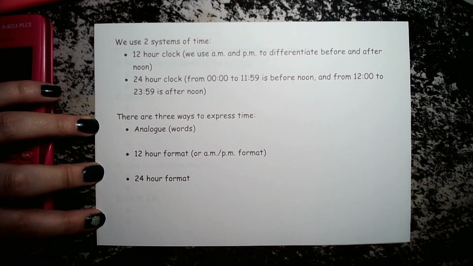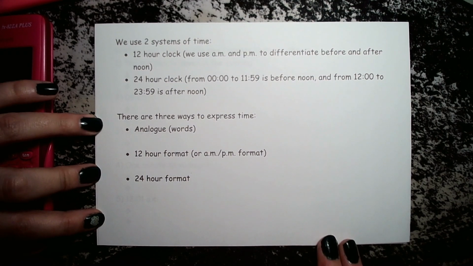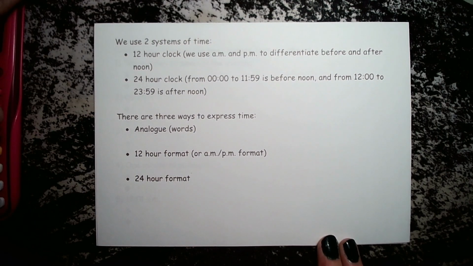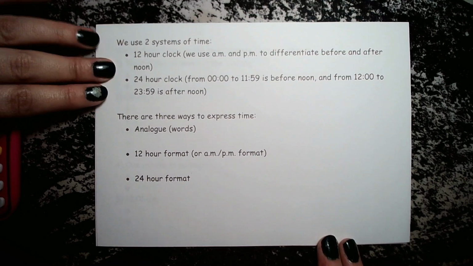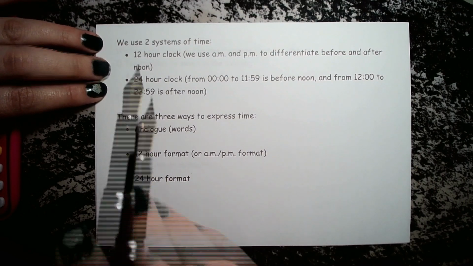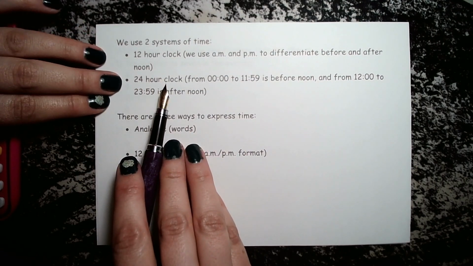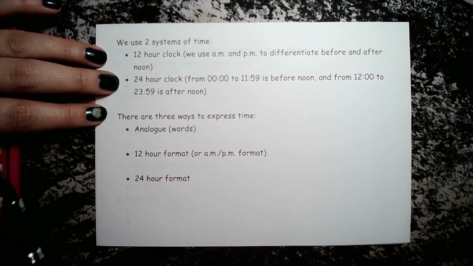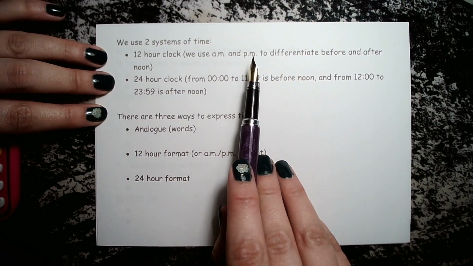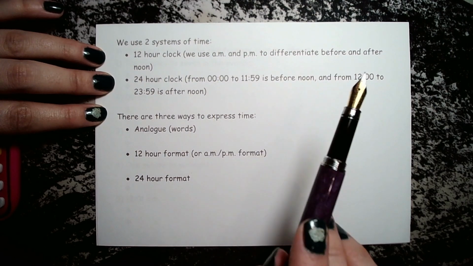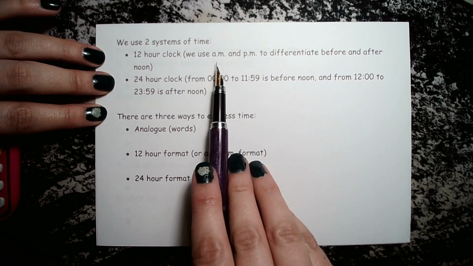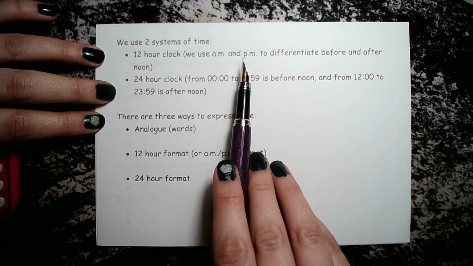That was number conversions. So now we are looking at number formats. We use 2 systems of time. We use the 12-hour clock or the 24-hour clock. On the 12-hour clock, we use AM and PM to differentiate before and after noon. AM for before noon and PM for afternoon.